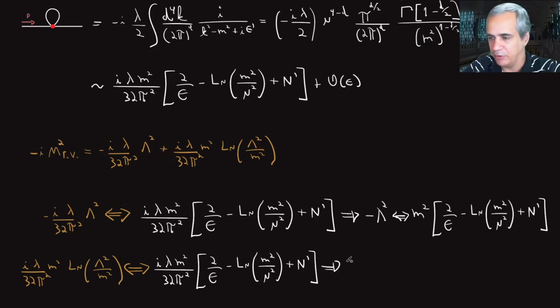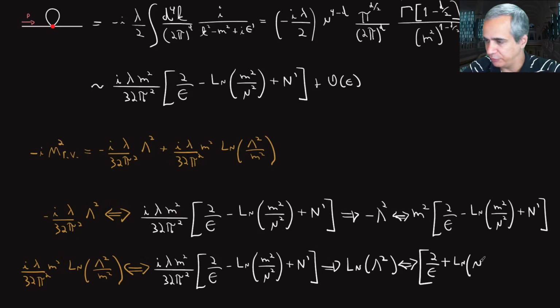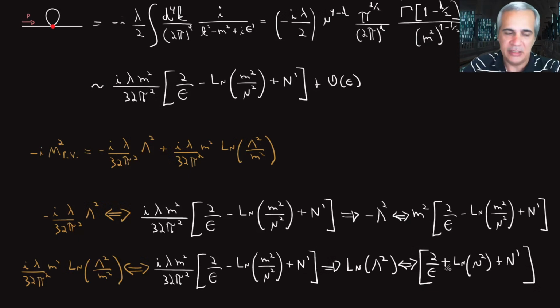You end up with this map between the two methods. Which now, let me finish writing it, is exactly the same map you got in the 4-point function case, right?